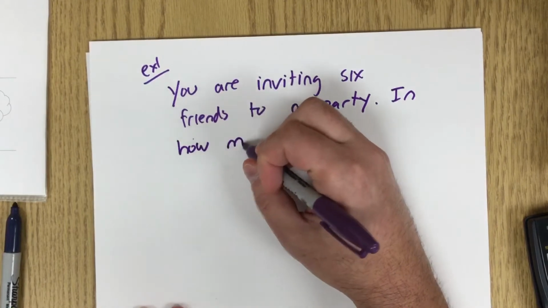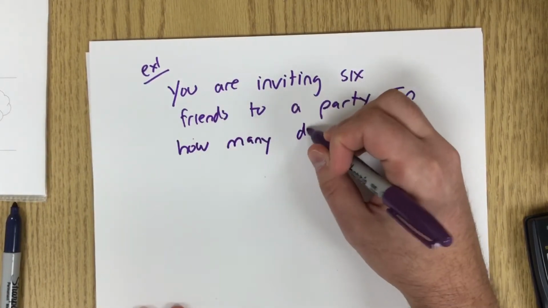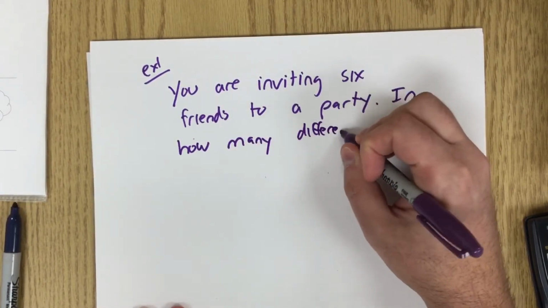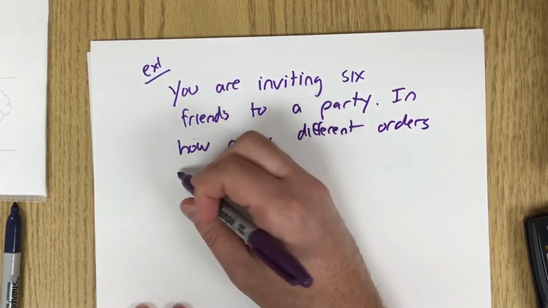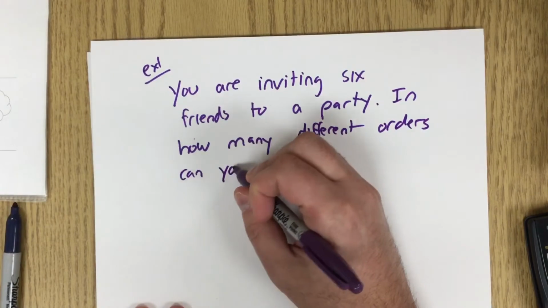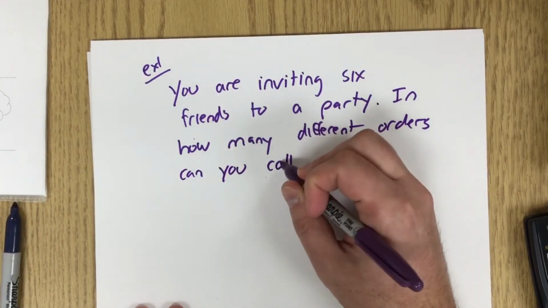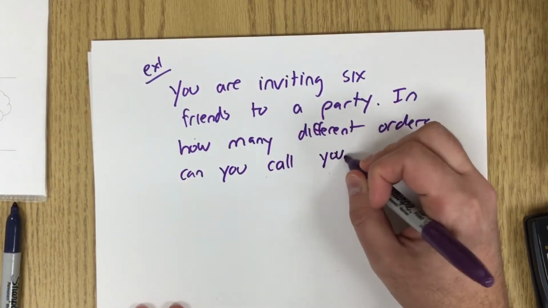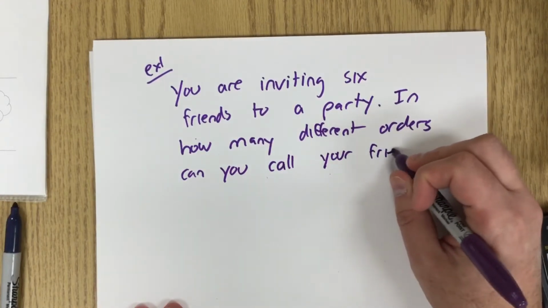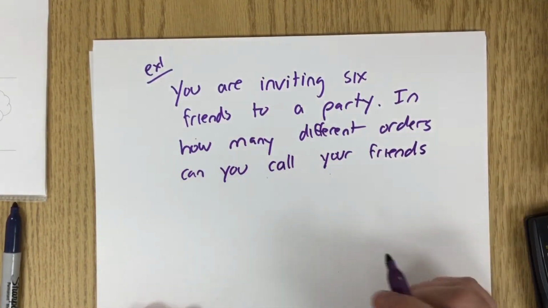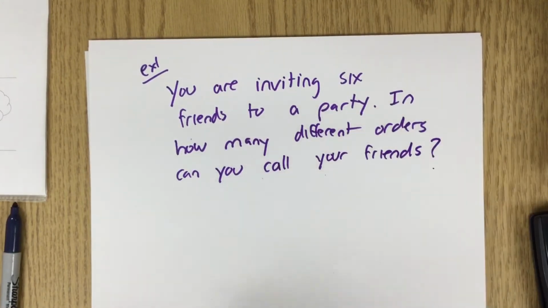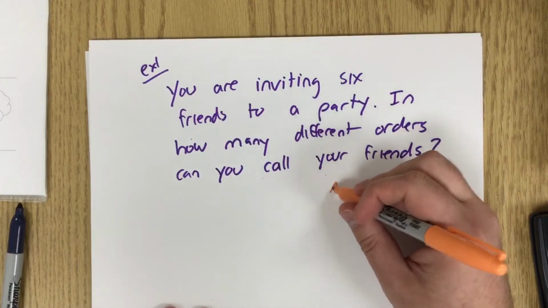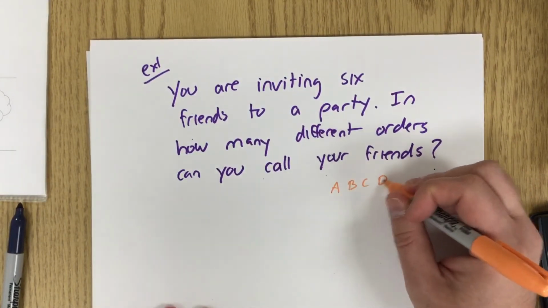And how many different orders can you call or text, whatever. We'll say call. Call your friends. We're gonna do this the old-fashioned way and call people. So we have our friends, and I'm going to think of them as being A, B, C, D, E, and F.